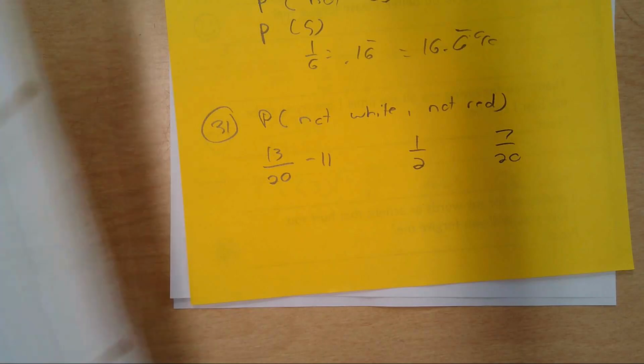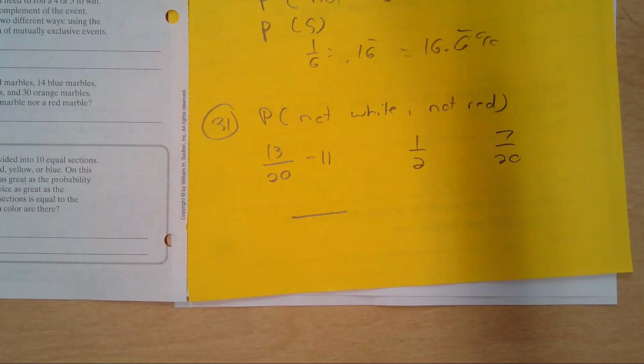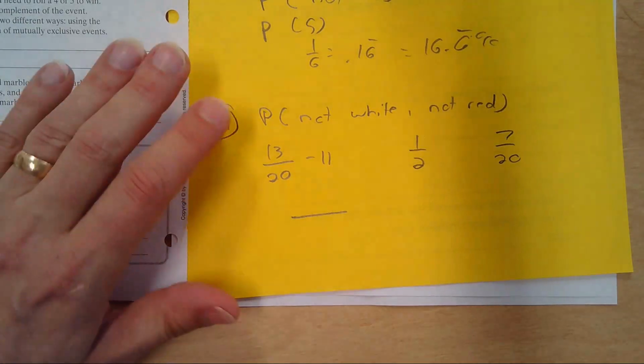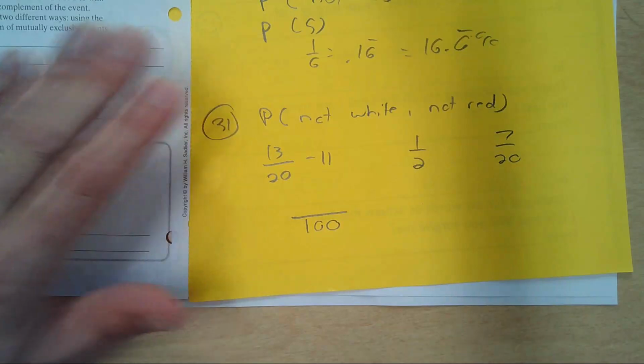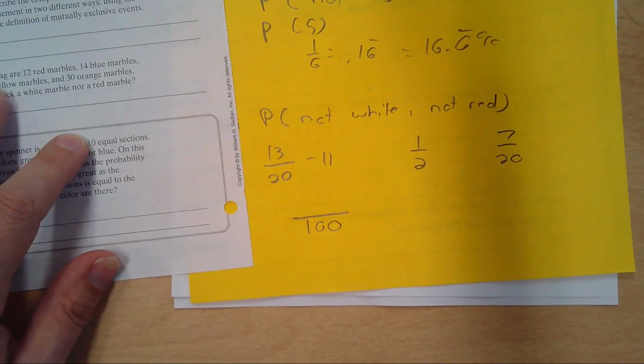So what do we need to figure out first? Yeah, we need to know how many marbles are in play here, and how many marbles are there? There are 100. I can do it two different ways.